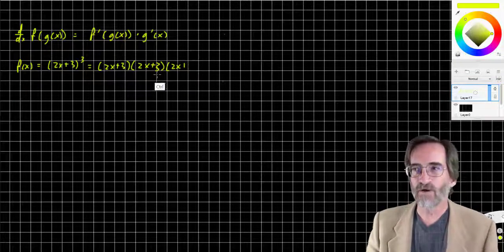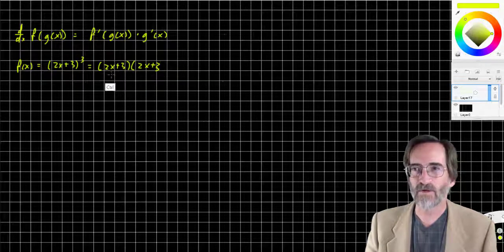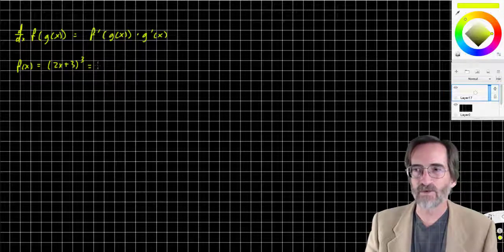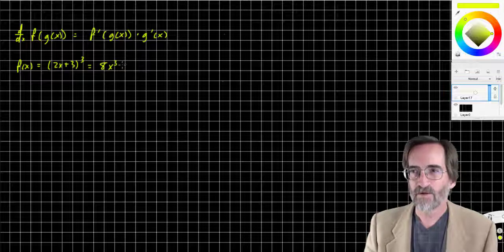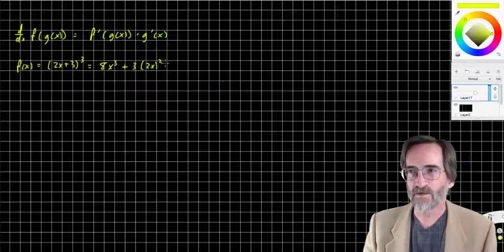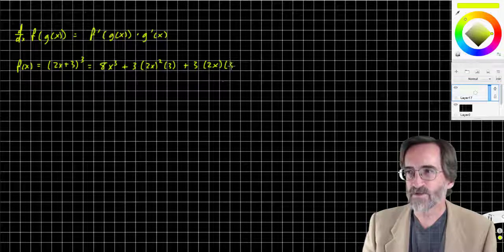I could use the binomial coefficients, 1, 3, 3, 1, and do that in one step. So 1 times 2x to the third, 2 cubed is 8x cubed, plus 3 times 2x squared times 3, plus 3 times 2x times 3 squared, plus 3 to the third.